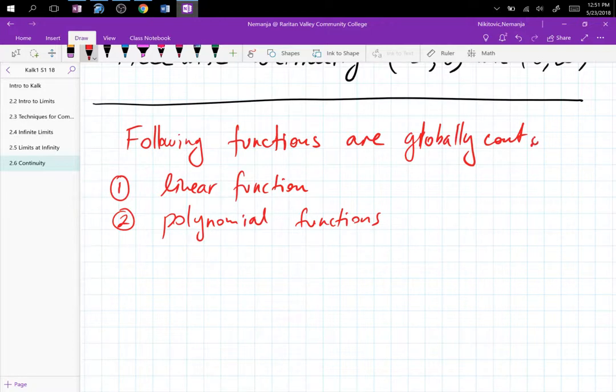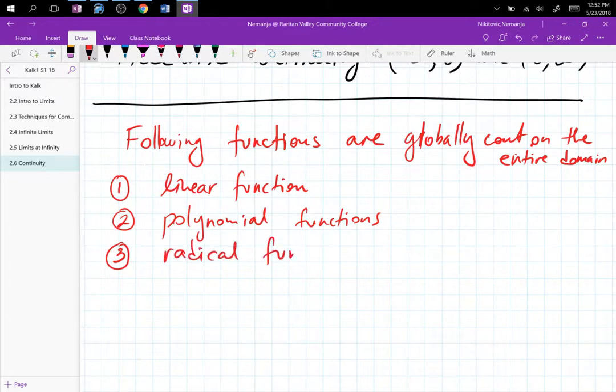Globally continuous on the entire domain. That's important. On the entire domain. So linear function, polynomial function, linear is a part of that, and quadratic and constant function, they're all in that.